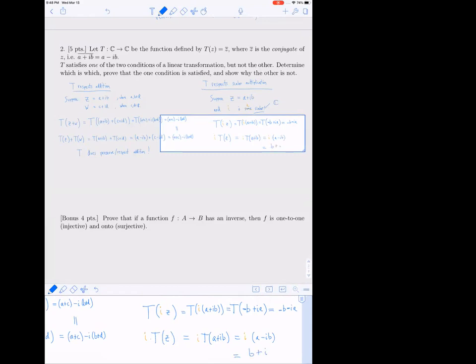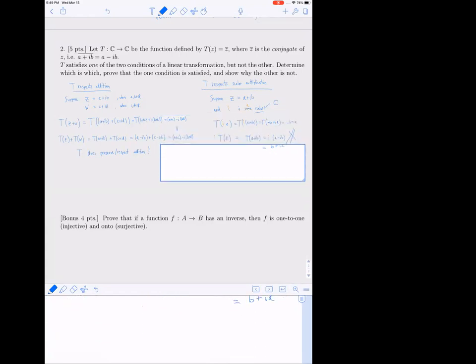And then we're going to get a positive ai, and these are not the same. So we conclude that T does not preserve or respect scalar multiplication.